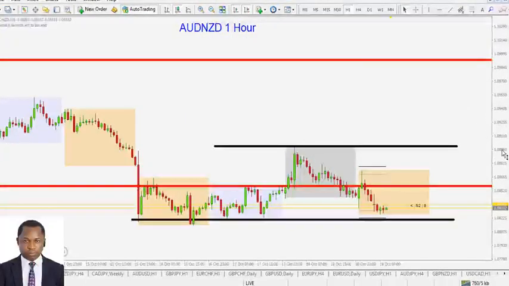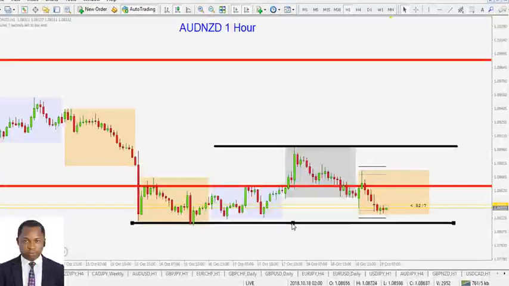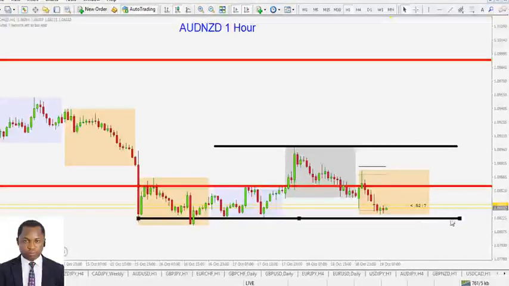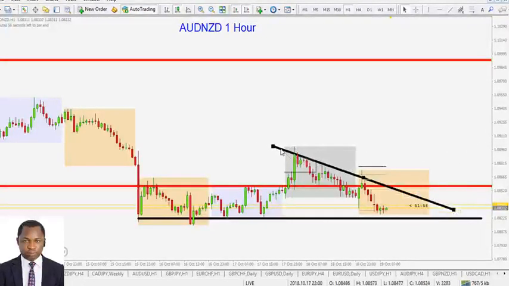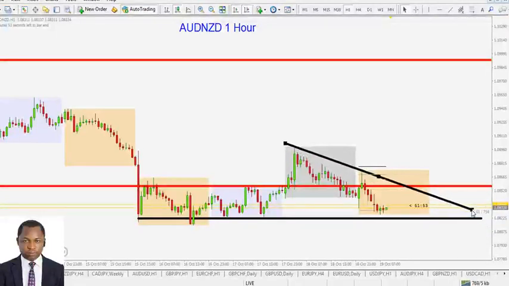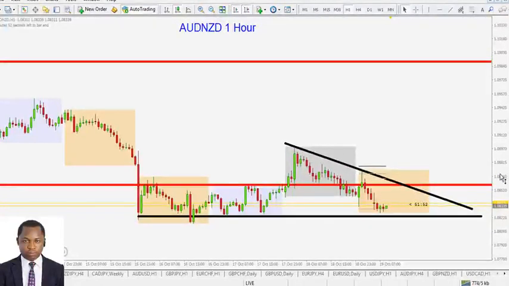So we'll be following this in the intraday time frame, the 1 hour time frame. Let's wait to see a breakout of this level of support to the downside. Remember we are risking our real money here, so we don't want to gamble with our monies. So let's wait for price to break out of this level of support. If it does, then we'll be looking for continuation moves to the downside.